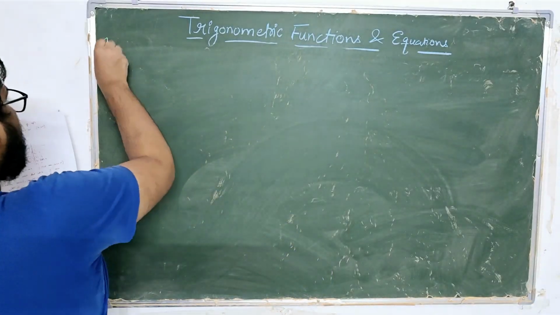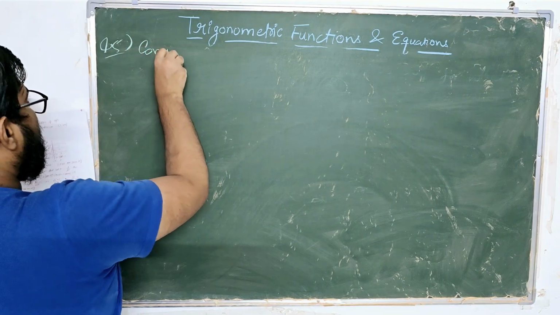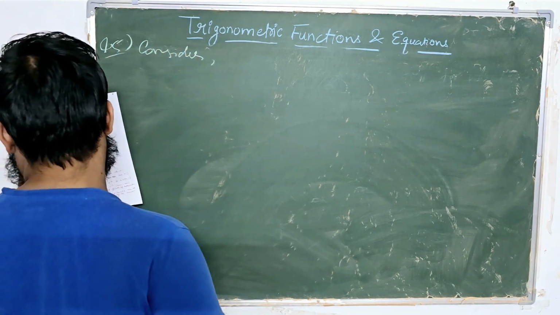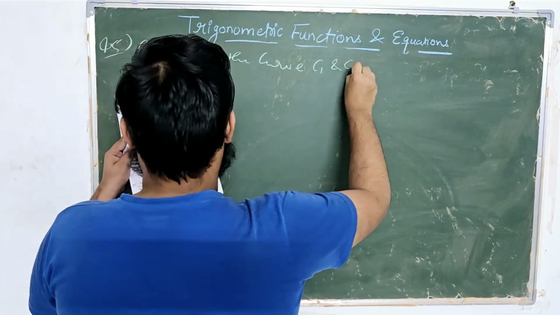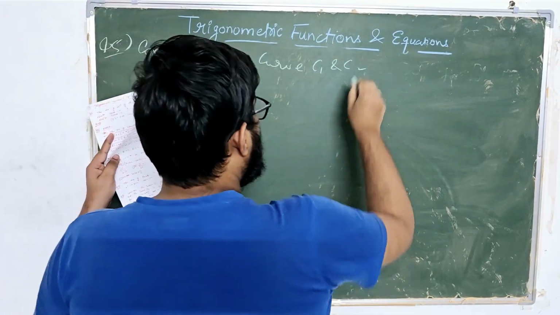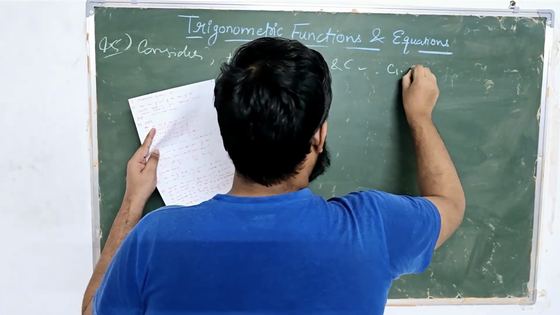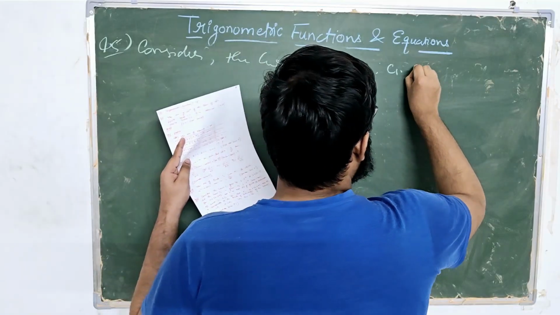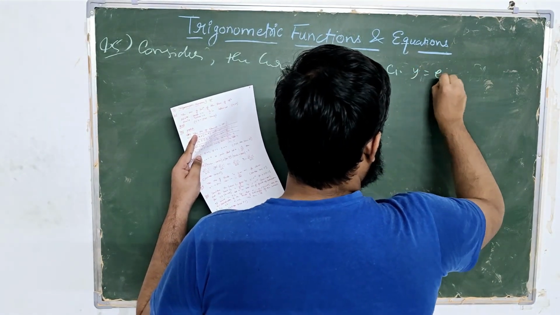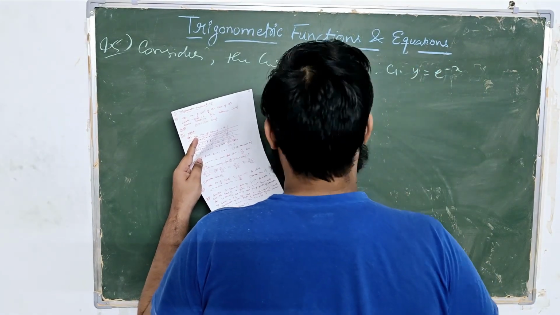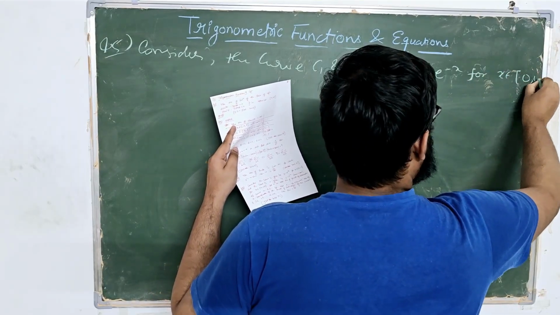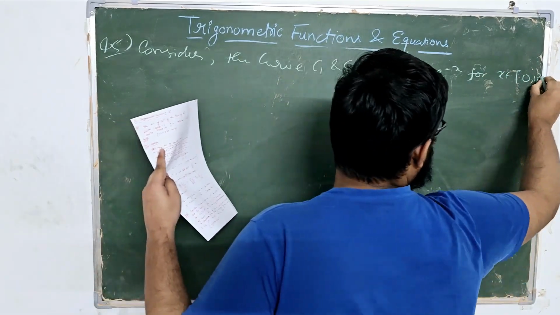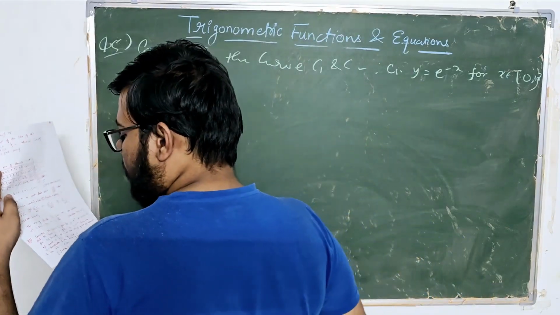Yeah, question 5. Consider the curves C1 and C2, where C1 is given as y is equal to e raised to power minus x for x belonging to 0 to 10, right?